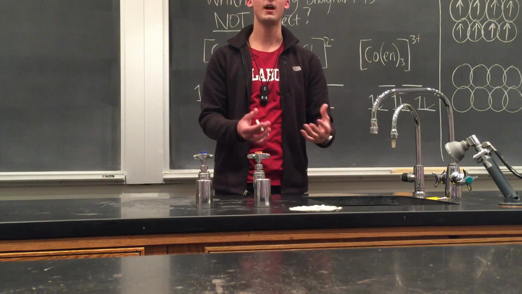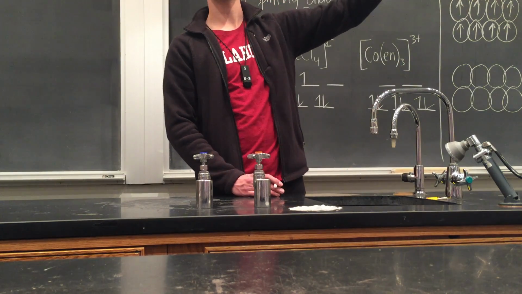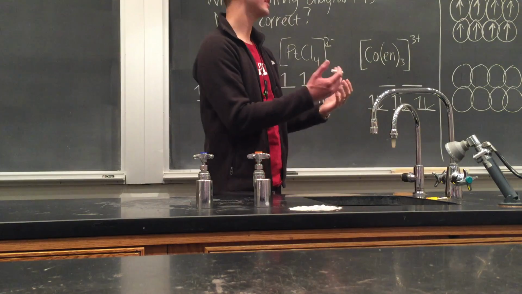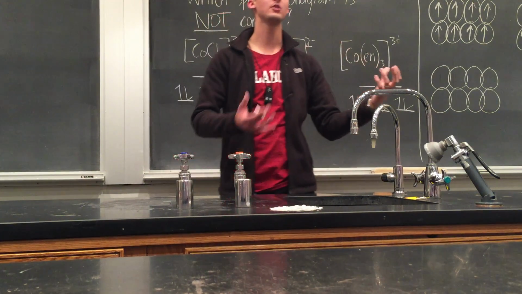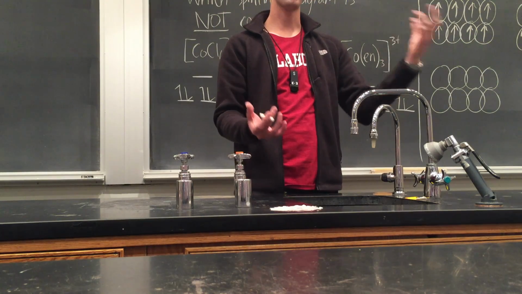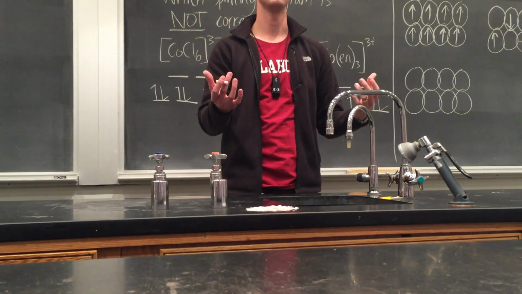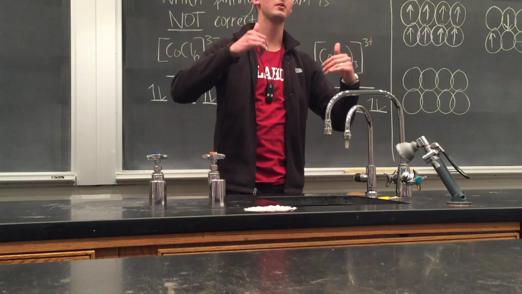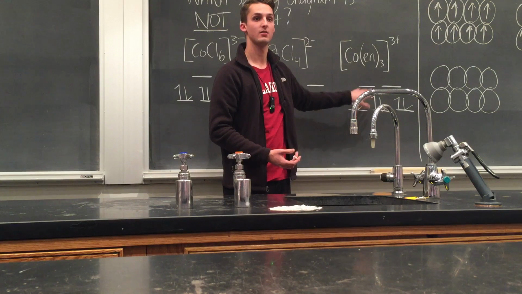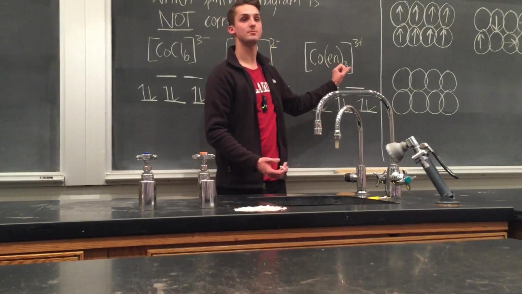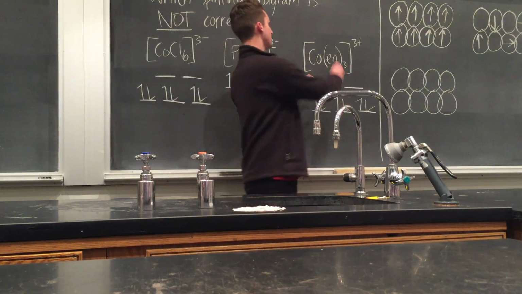So cobalt 3+, when you do it, it has 6 d electrons. So I have to fill in 6 places. Ethylenediamine. Am I going to say this is a strong field or a weak field ligand? Strong field, which means it's high spin or low spin? Low spin. Low spin pairing energy, they get paired up. So this is correct. They get paired up before they go up to the next level. So this one's correct.